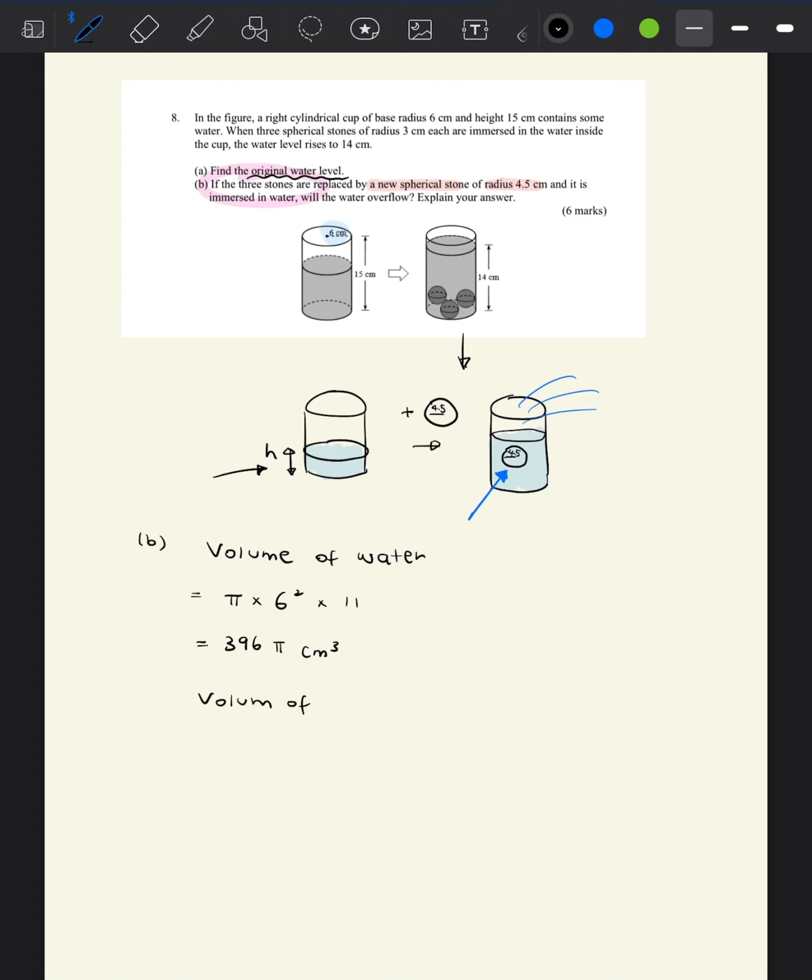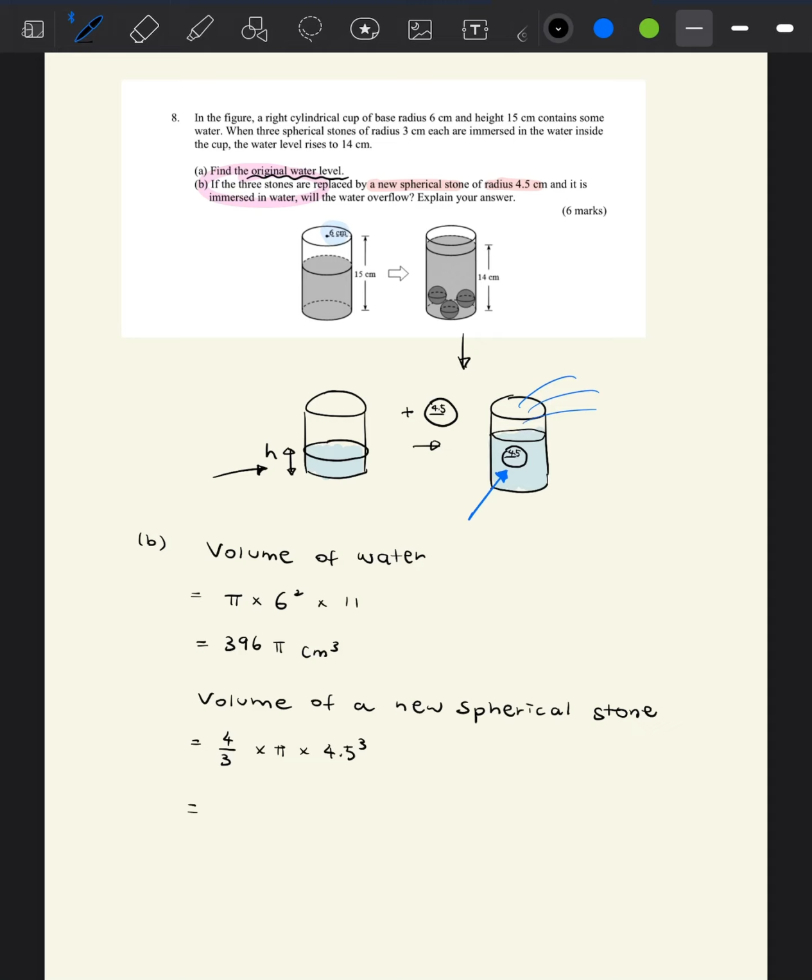Then you have to find the volume of this new spherical stone. So this stone here again is a sphere shape, so the volume of it is 4/3 times pi, and the radius is 4.5 to the power of 3.